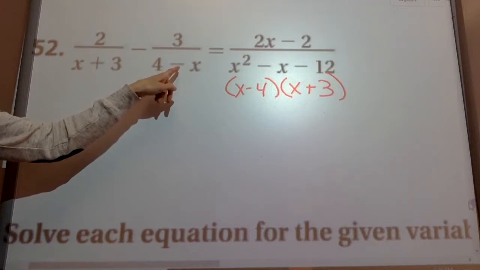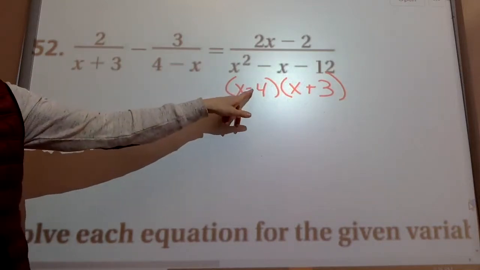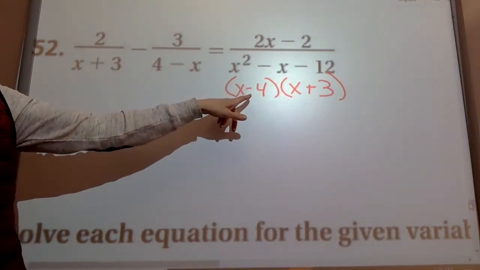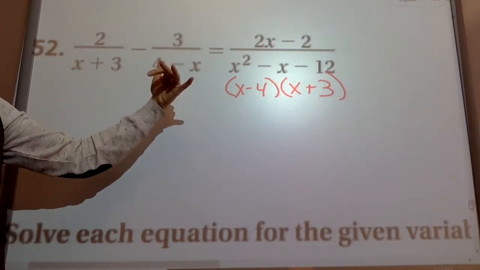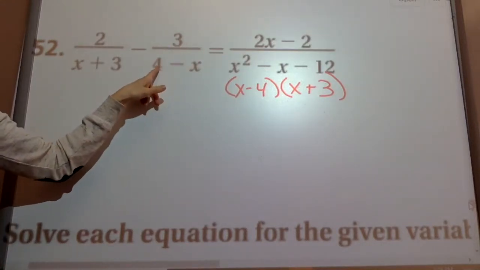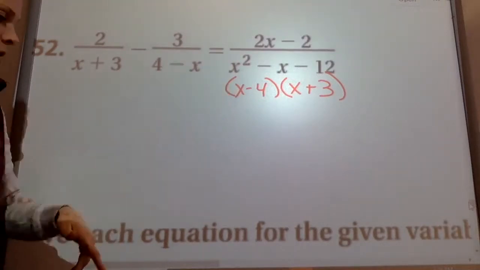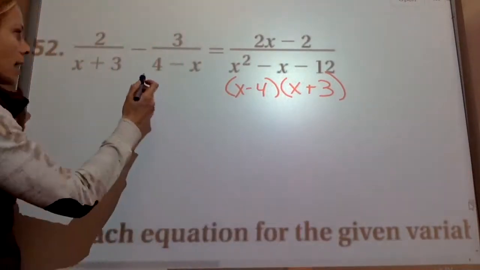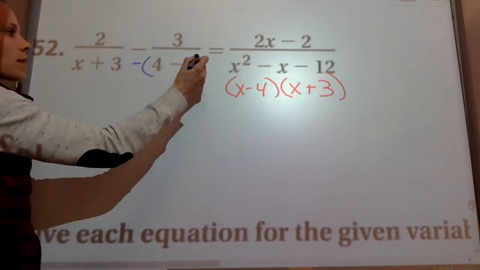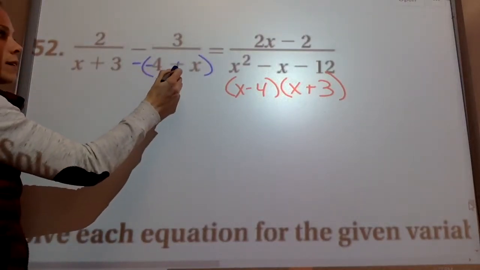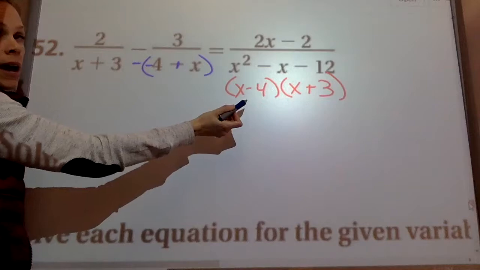So remember that trick I showed you? Whenever you have a binomial that's exact opposite, you can pull out a negative and make them the same. Because this is a positive 4, that's a negative 4, this is a negative x, that's a positive x. So the trick is I can pull out a negative, which would make this negative and this positive, and now they match.